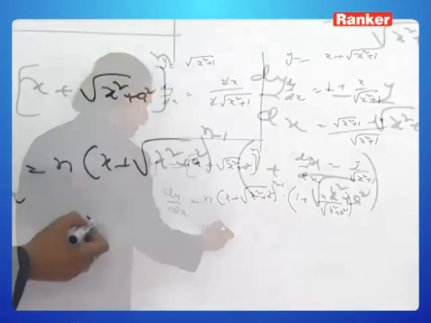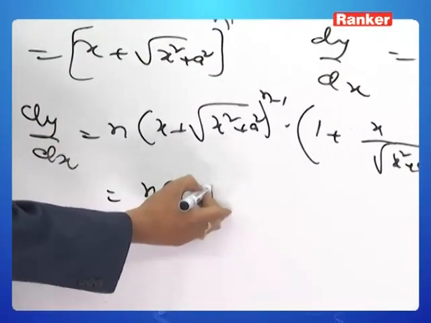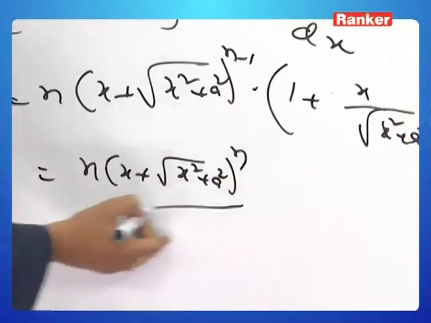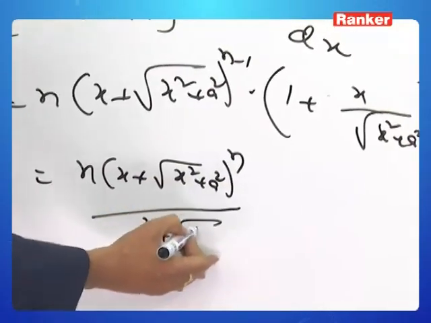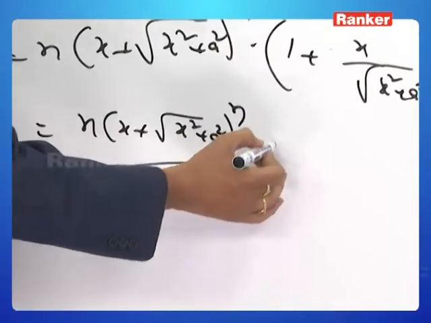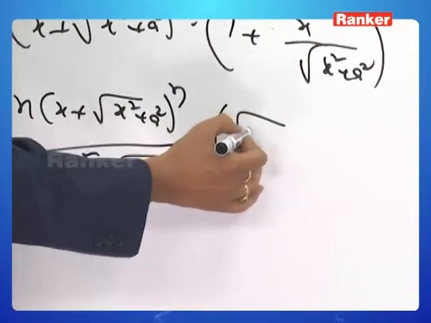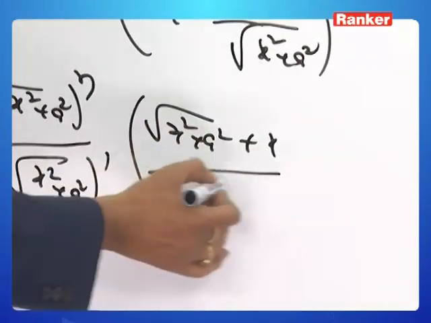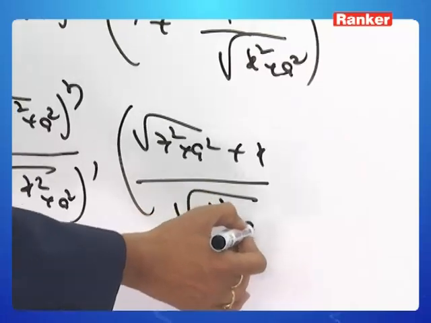Okay, this is n into x plus root of x square plus a square whole to the power of n by x plus root of x square plus a square whole to the power of 1, into root x square plus a square plus x by root of x square plus a square.